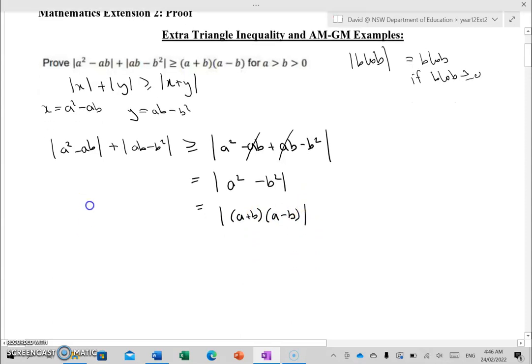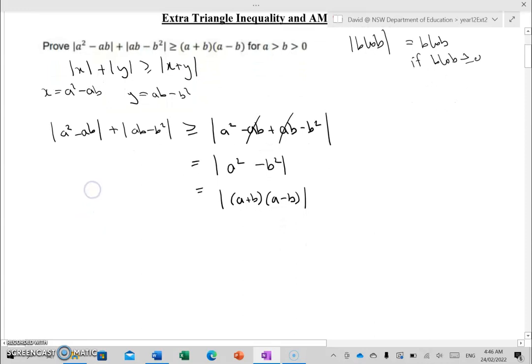So we've got the question answer pretty much spot on, except we need to remove those absolute value signs. So we're going to have to use this condition, I think, to help us out. So I might just sidetrack a little bit and go, since a greater than b greater than 0, what can we say? So I can bring the b over.